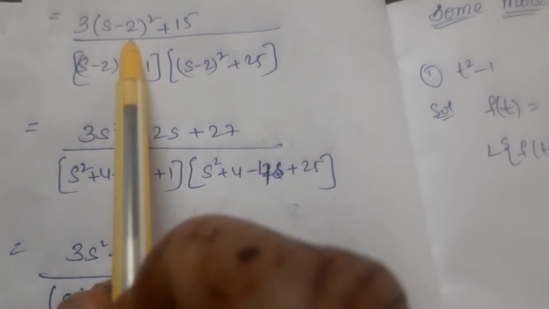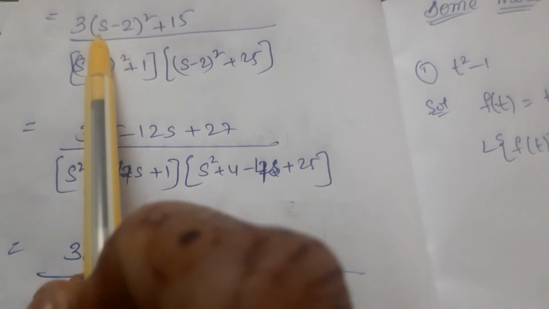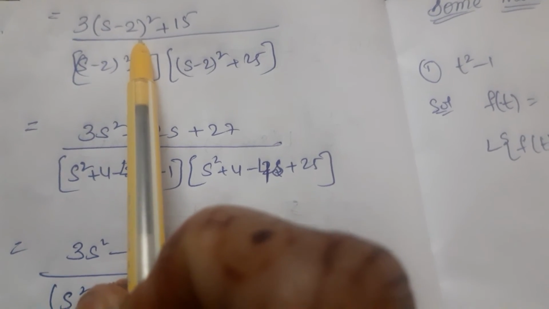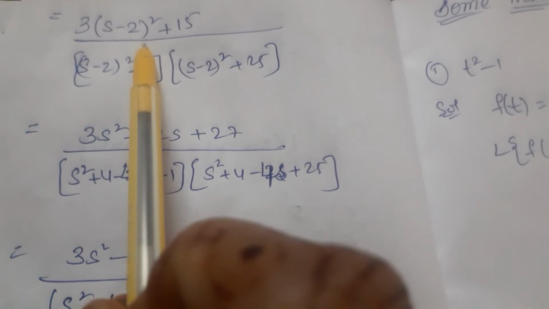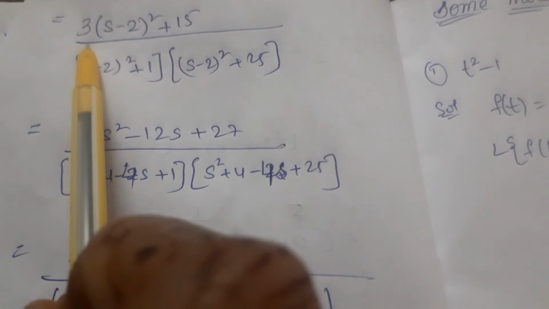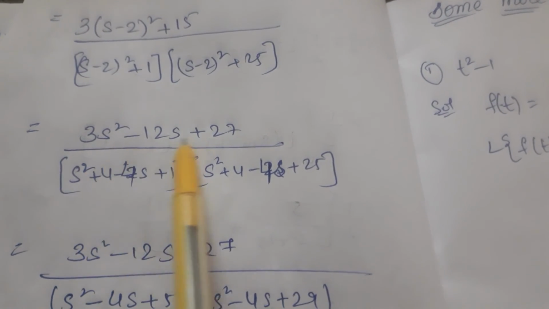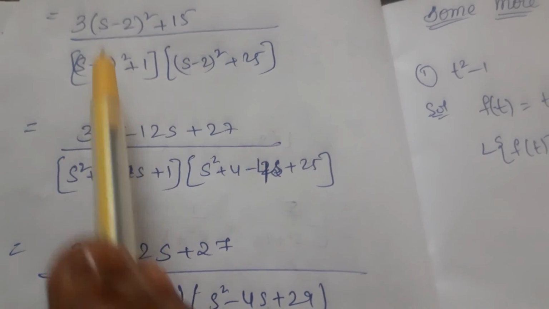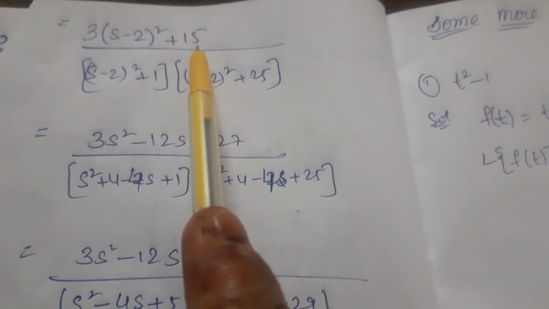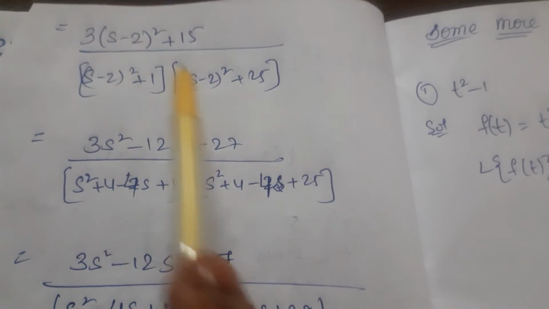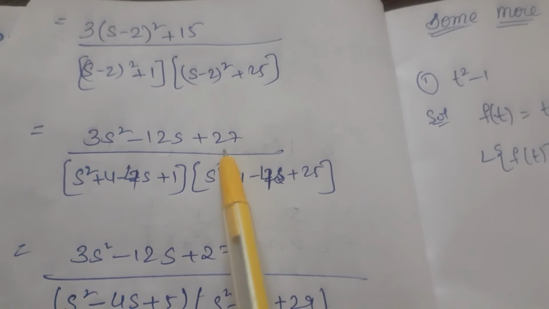Now you have to open this bracket in the form of (a minus b) whole square. If you open this and multiply with 3, you will get 3s square minus 12s, and if you add this constant with the constant term, you will get 25.